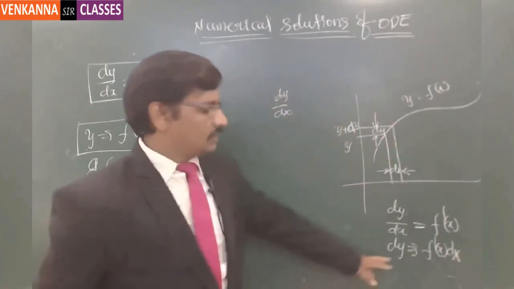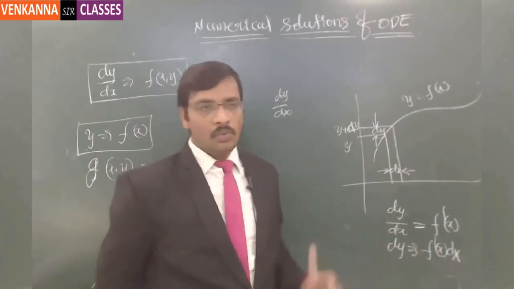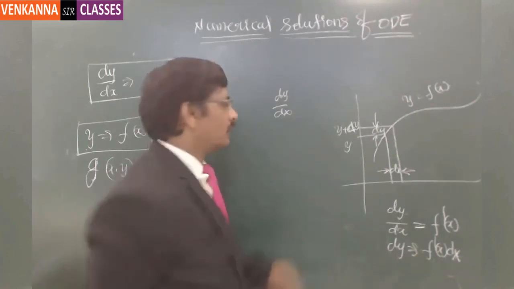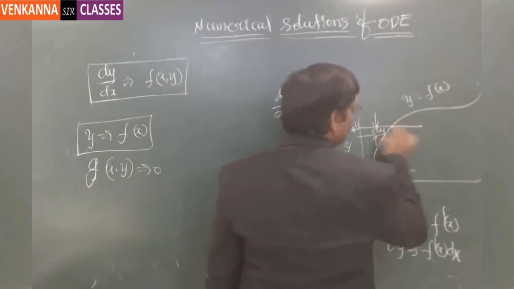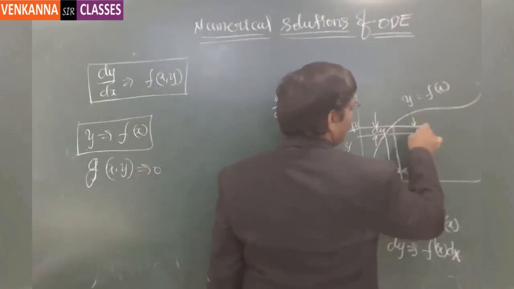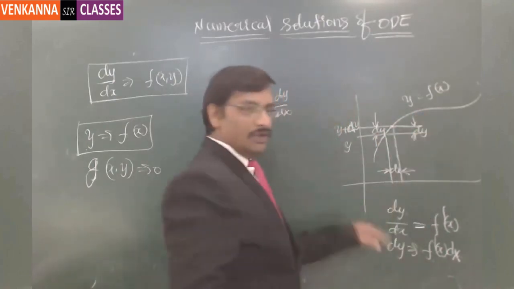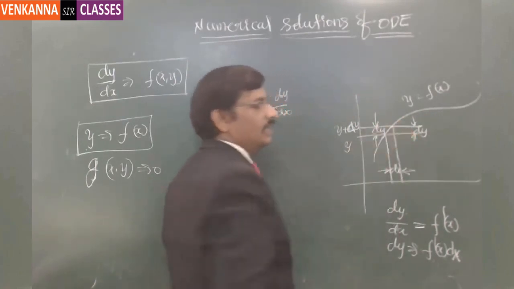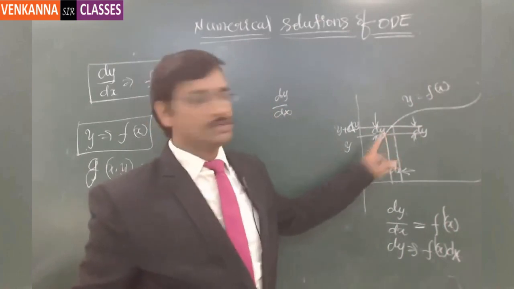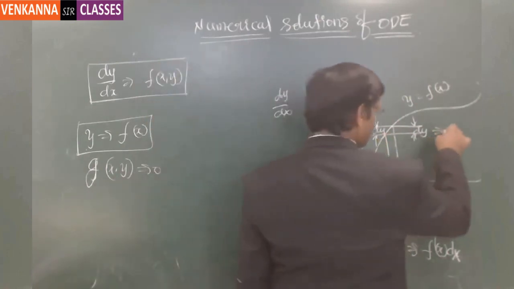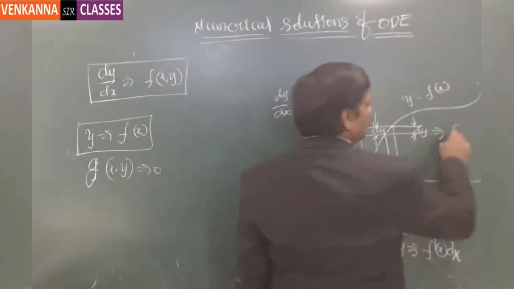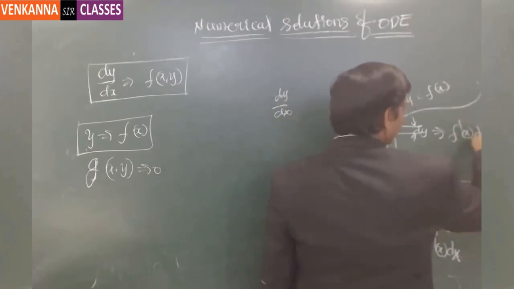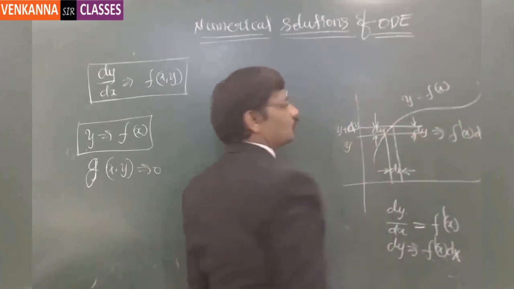So dy is equal to f dash of x into dx. Graphically, this is the value of dy, and we will be able to find this dy value with the help of this dx and the derivative value at this particular location. So the derivative value is f dash of x multiplied by this dx value. This will give the difference between these 2 points.